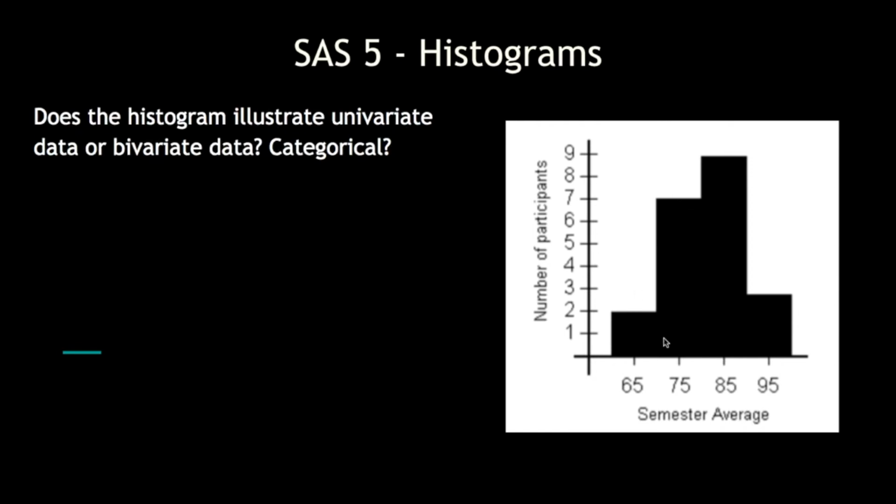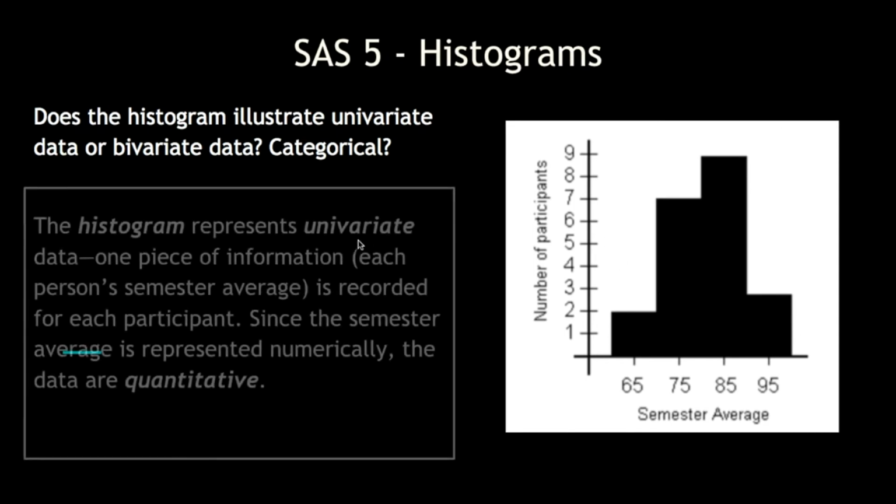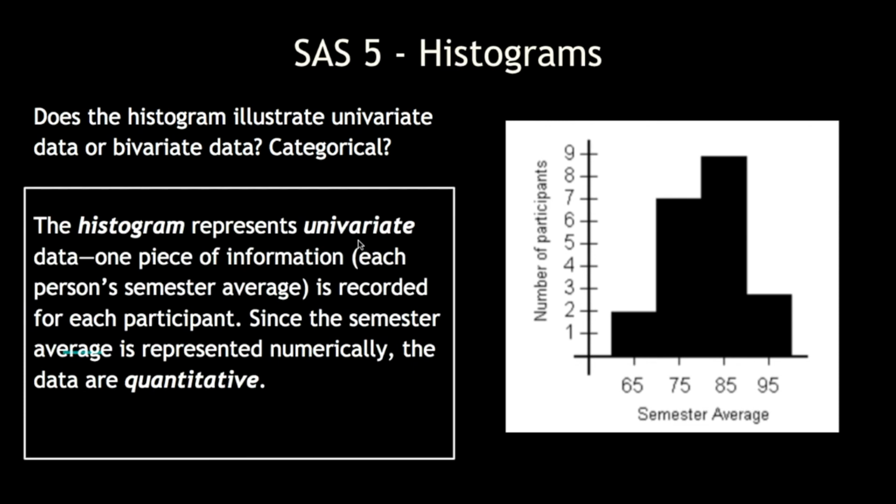In between 60 and 70 is 2, 70 and 80 is 7, 80 and 90 is 9, and 90 and 100 is 3. So this is obviously univariate data. One piece of information is given, each person's semester average, that is recorded for each participant. Since the semester average is represented numerically, the data are quantitative.